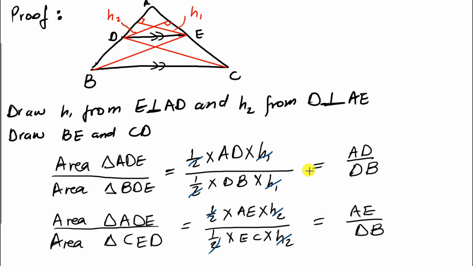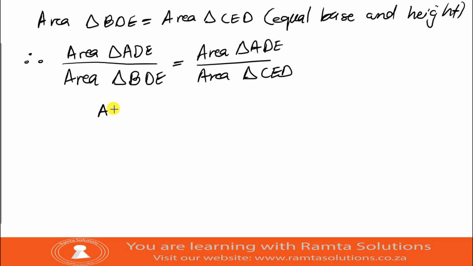What was area of triangle ADE over BDE? It was AD over DB.